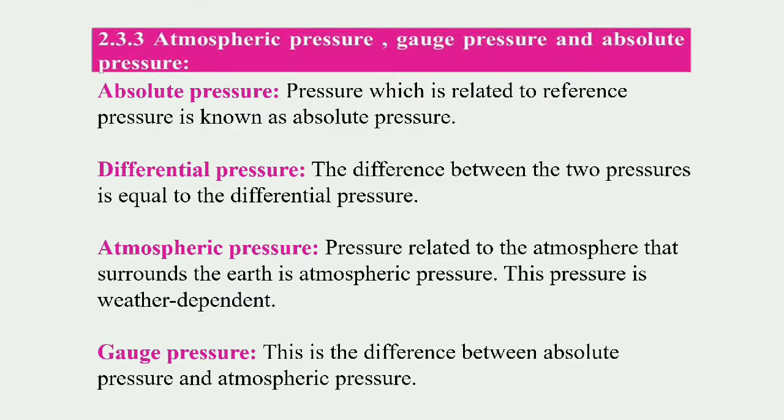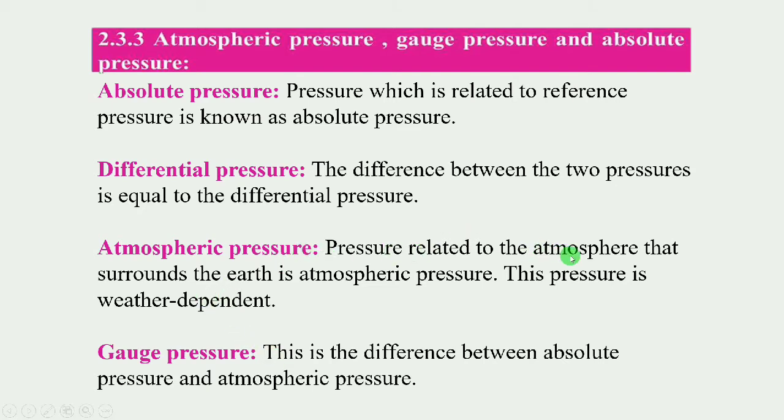Now here next, you can define the terms, like absolute pressure. So the pressure which is related to a reference pressure is known as absolute pressure. Now here, differential pressure: the difference between two pressures is the differential pressure. Next here is atmospheric pressure.